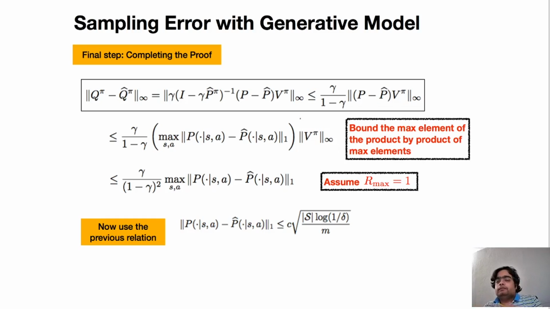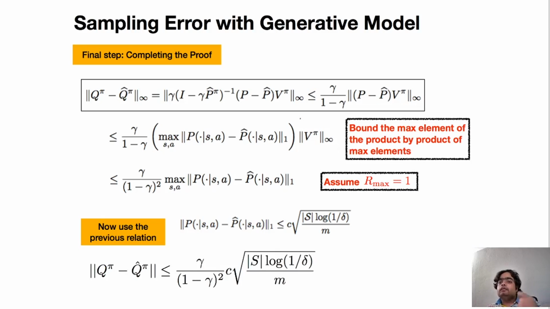So we can now use the previous relation that we derived via concentration inequalities to say that the difference between q values in the infinity norm sense is bounded by the same constant as before, times some constant c, which comes from the previous equation. We need not know what c exactly is, because we only care about the asymptotic behavior and not really constants, times the expression directly taken from p minus p hat.